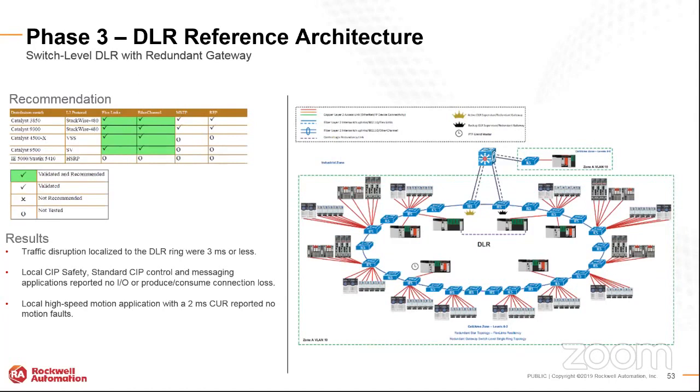So again, looking through that design guide, they do give some guidance as to what is the best resiliency protocol to use for the uplink in these various situations. This first one was just taking that first switch level ring with a redundant gateway in it. And their recommendation was either flex links or ether channel would be appropriate for the uplink.